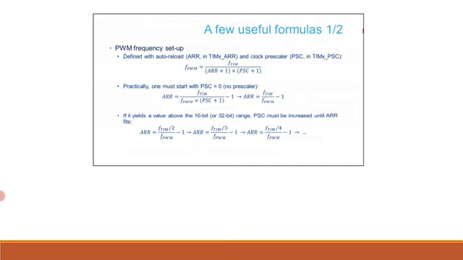Then an ARR value equal to the timer clock frequency divided by 3 over the PWM frequency, the whole minus 1, and so on up to the point where the error value fits within the programmable range. Is this clear?